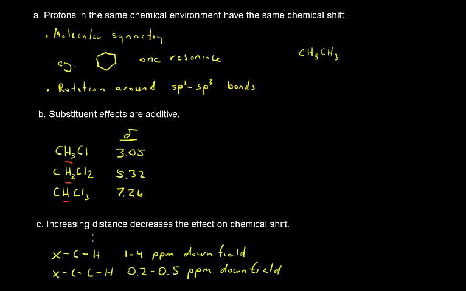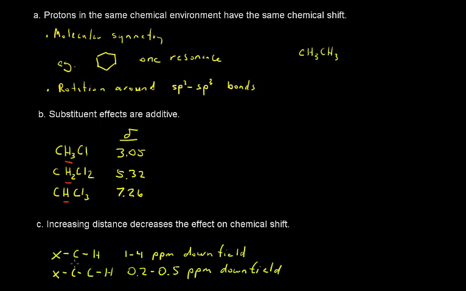Finally, increasing distance between the electronegative substituent, which I've represented as X here, and the observed proton reduces the effect on chemical shift. If the electronegative substituent is on the carbon bearing the observed proton, that's this one right here, we can see a significant downfield shift from about 1.1 to about 4 parts per million.